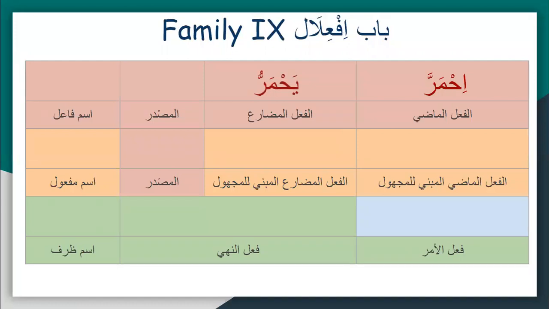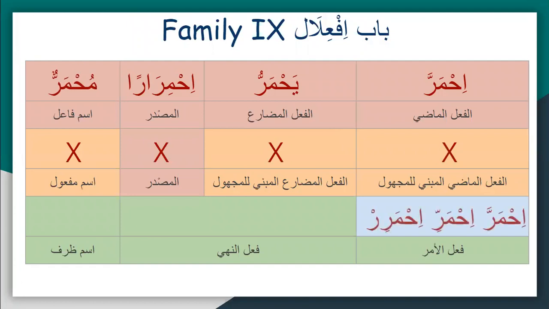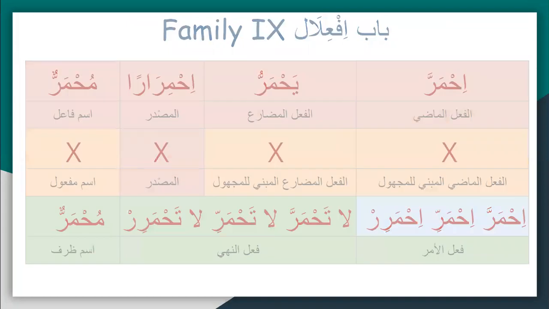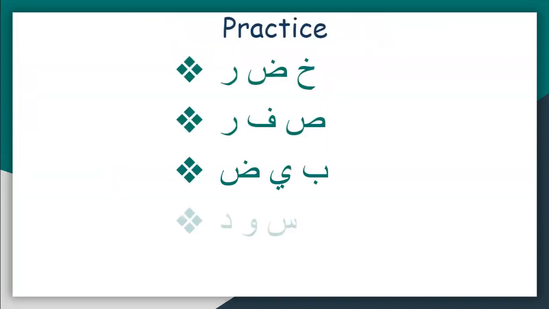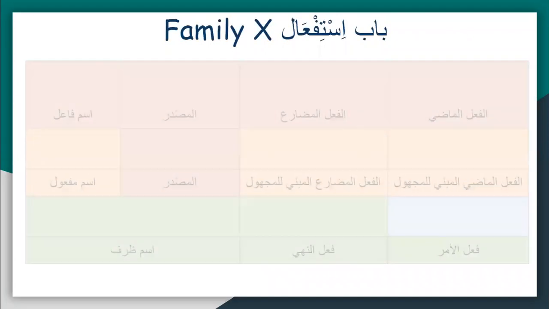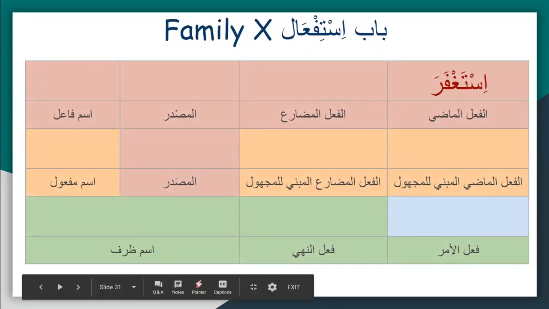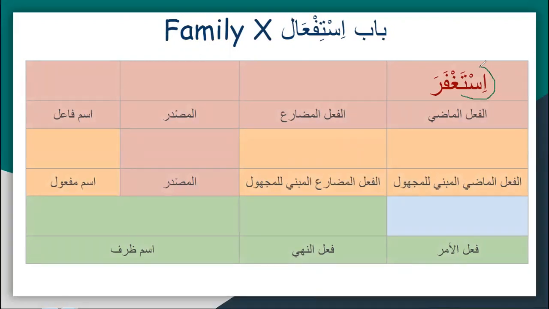We are skipping family number 9 on purpose, so don't think anything else. Family 9 you don't have to know now, inshallah, next time. But family number 10 we're going to discuss, as we told you. Family number 10 begins with istaghfara. It is called the istaghfara family. I told you the complete ist, alif, sin and ta part is extra, and ghafara is the actual root.